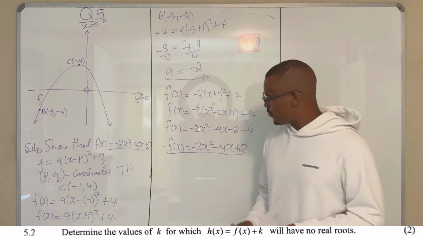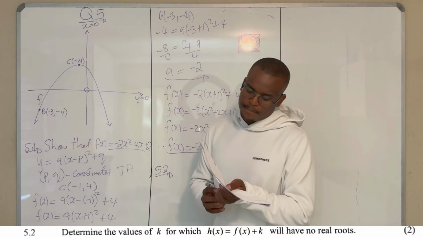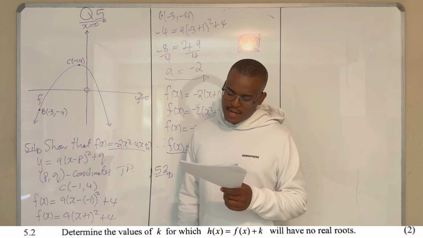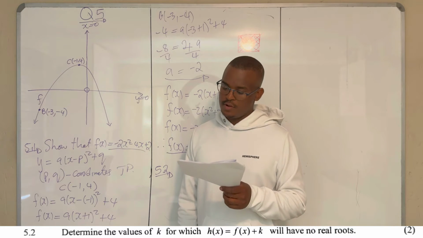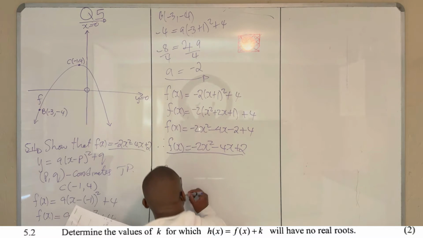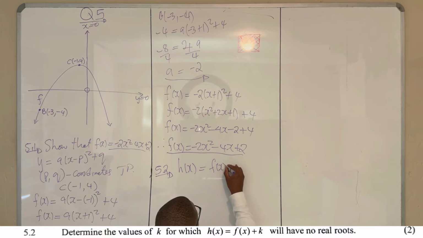So they are saying it's 5.2. They are saying determine the values of k for which the function h of x equal to f of x plus k will have no roots. So we are given a function h of x, which is f of x plus k.